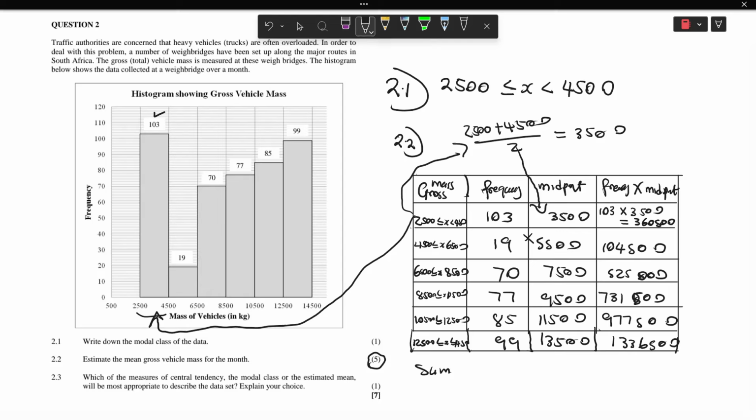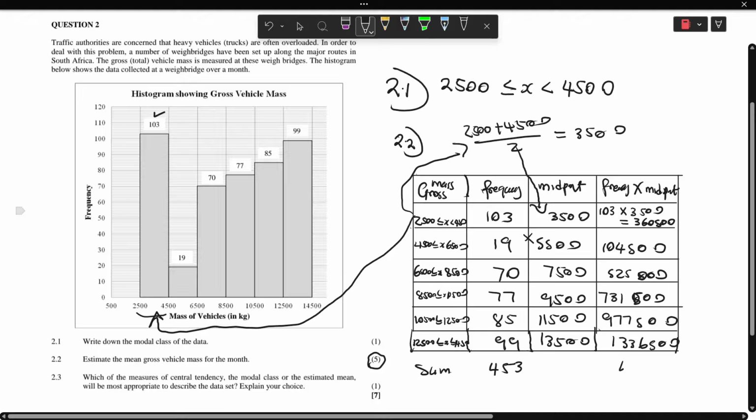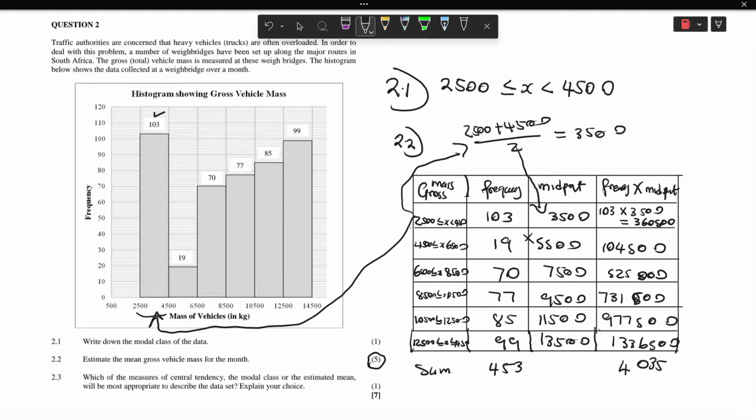Right, so now let's go to the sum. I'm going to write sum here. The total for this one is 453, if you add there, okay? And then for this one, it's 4,035,500. That is the sum, right? So how do you get the mean?